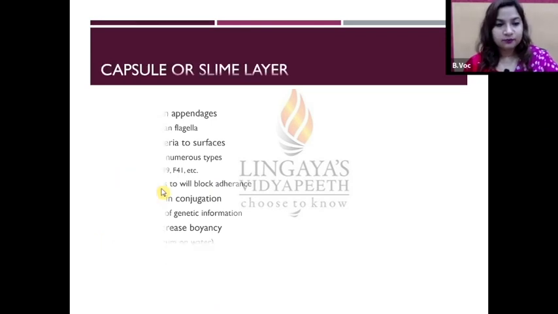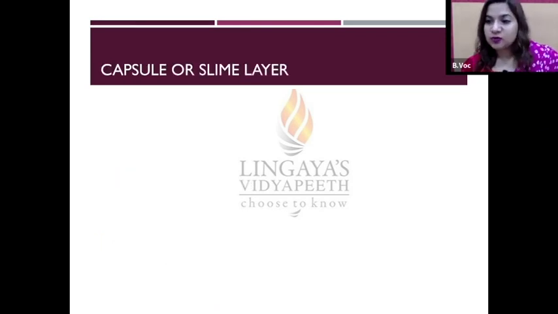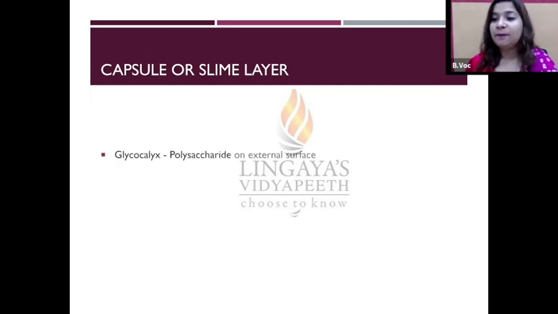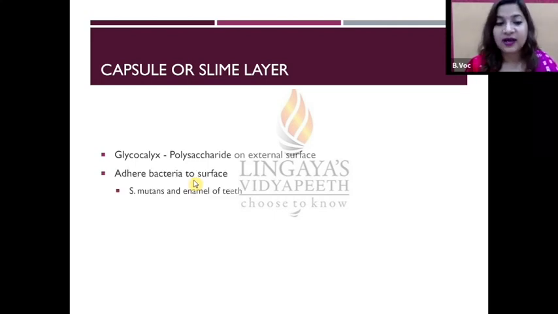All right. Now talking about the capsule or slime layer. This is again an additional component of the bacteria. It is not present in all of the cells. But what does the capsule do? Capsule provides increased pathogenicity to the bacteria.